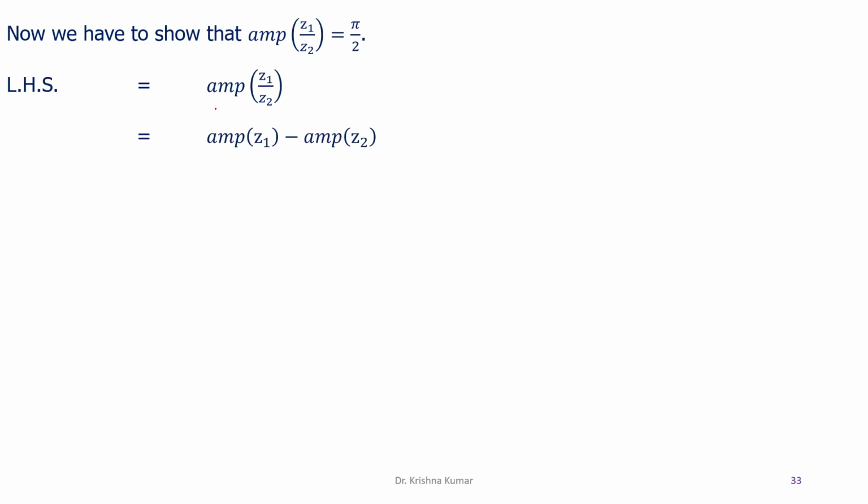Now, we have to show that the amplitude of Z1 upon Z2 is equal to pi by 2. So let us take the left-hand side, which is the amplitude of Z1 upon Z2. Now we know the formula that the argument of Z1 upon Z2, or amplitude of Z1 upon Z2, is equal to argument of Z1 minus argument of Z2.